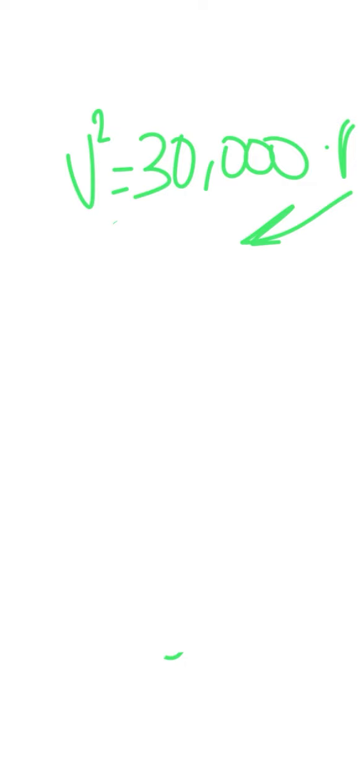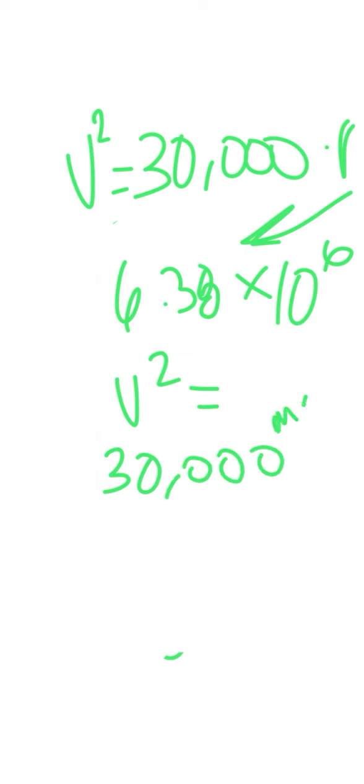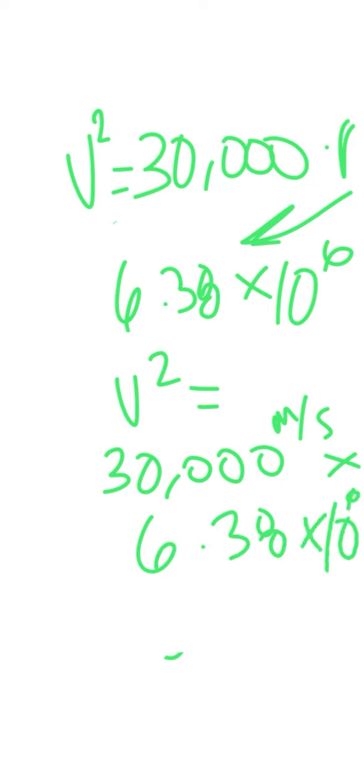R is given in the astronomical data table, and it says that it is 6.38 times 10 to the 6th. So now we have everything we need. V squared equals 30,000 meters per second times 6.38 times 10 to the 6th.